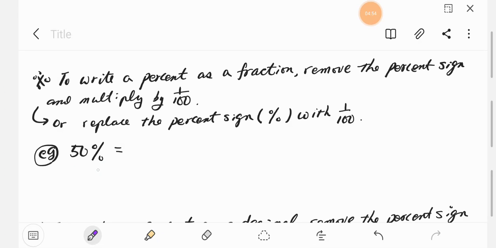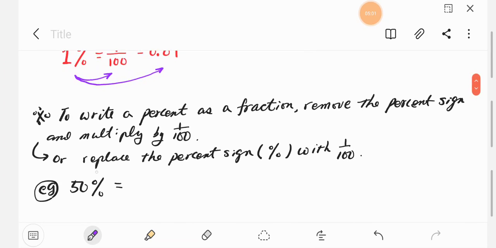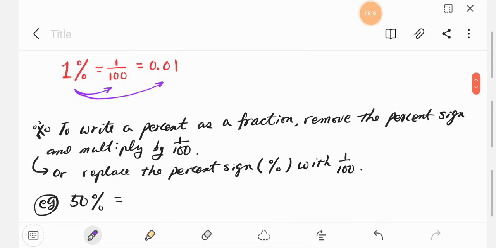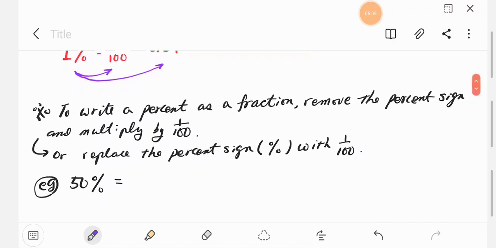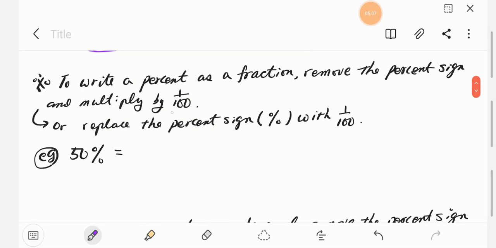Do you remember the percent? 1% is equal to 1 over 100. So just replace the percent with 1 over 100.